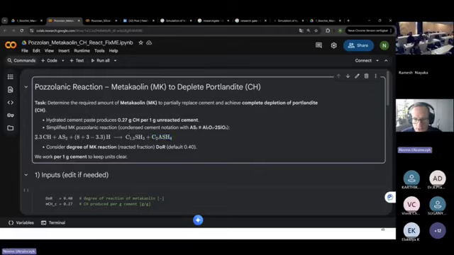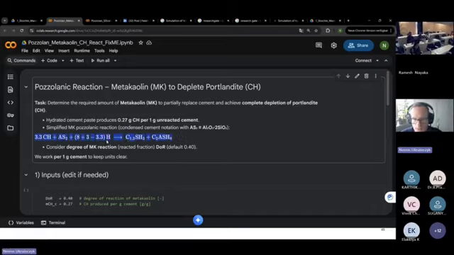So this is the first challenge for you: write the reaction, then do the balancing, which is easy in this way because here we have 1 alumina, here we have 1 alumina, here we have 1.3 calcium, plus 2 gives you 3.3. So now the stoichiometric coefficient is 3.3.